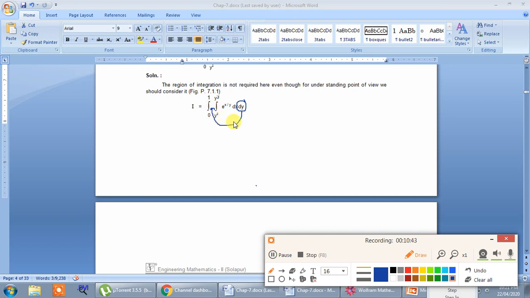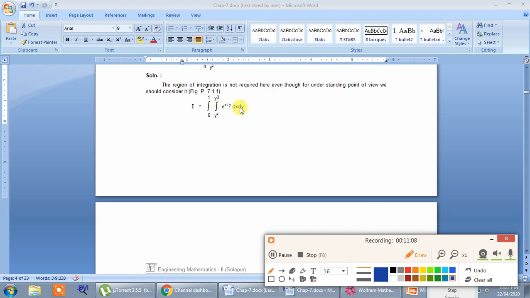You can check that the dy term is constant for the inner integration, because we are integrating with respect to x and y acts as a constant. So you should not keep this dy inside the inner integration; that will be totally wrong. It should be outside the inner integration but inside the outer integration.